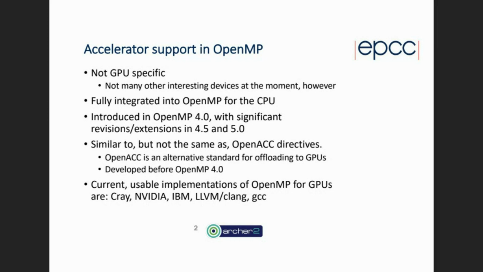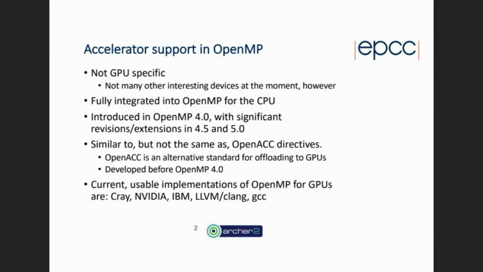So anyway, we've ended up with essentially two ways of offloading to GPUs using directives. The functionality in the two is pretty much equivalent. Anything you can do in OpenACC, you can do at least in OpenMP 5.0, and vice versa.